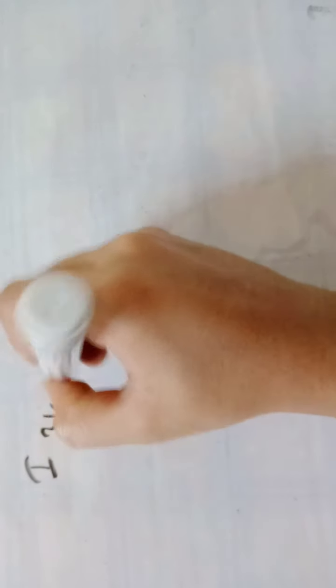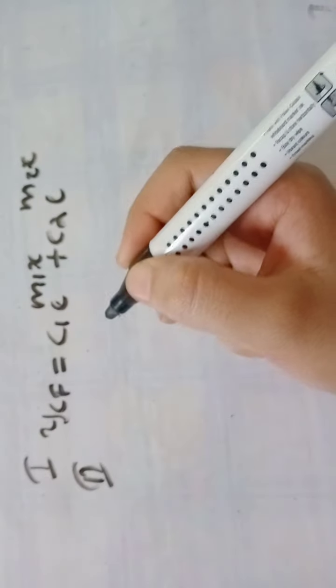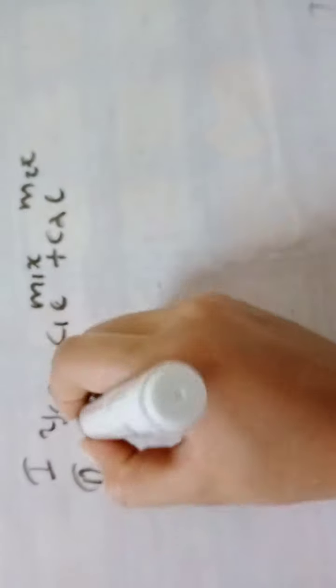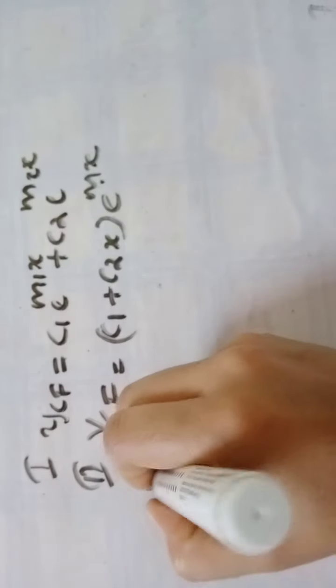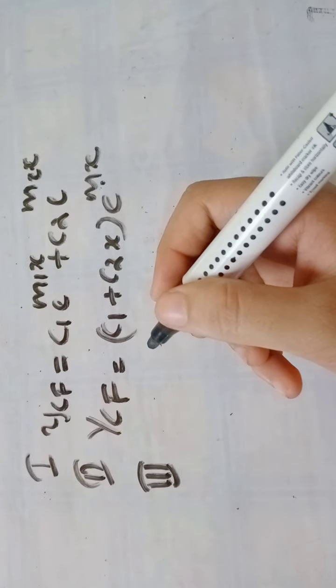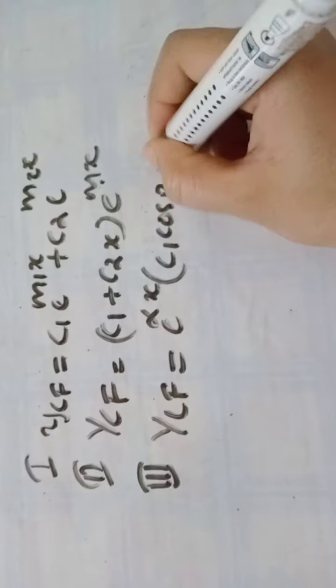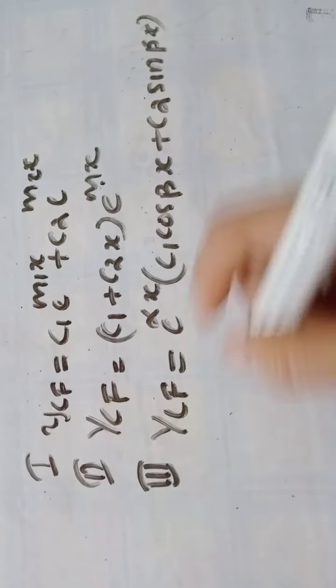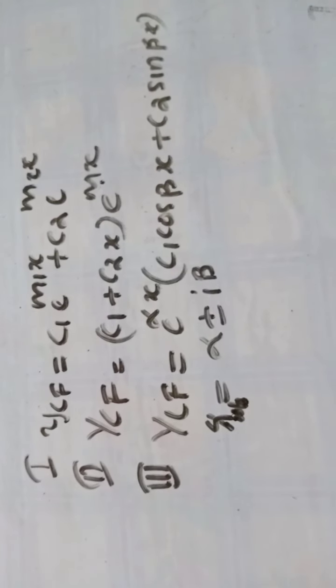The first case, roots real and distinct: y complementary function is c1 e^(m1 x) + c2 e^(m2 x). The second case, roots are the same: y complementary function is (c1 + c2 x) e^(mx), where m is the root. The third case, roots imaginary: y complementary function is e^(αx)(c1 cos βx + c2 sin βx), where α ± iβ are the roots.